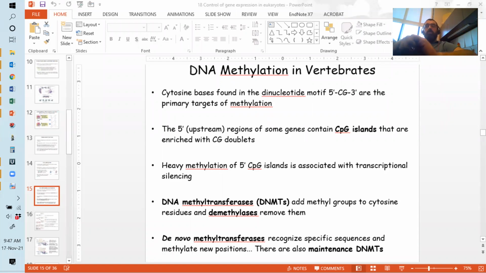And you have the same for DNA methylation. Actually, let's do it in the same order. DNA demethylases remove methyl groups, which equals gene expression. These aren't easy words to spell.